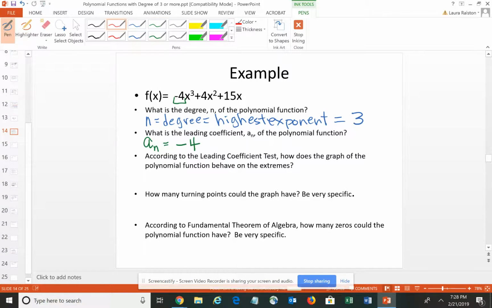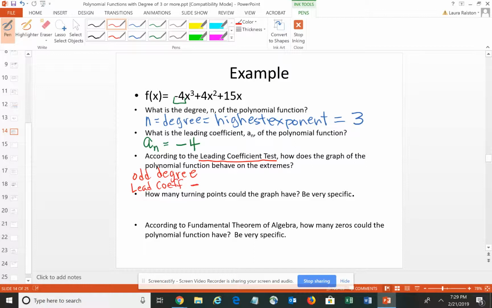Then I want to use the leading coefficient test to determine what the graph looks like on the extremes. What is it going to do on the left side and the right side? And so if I look, I have an odd degree and my leading coefficient is negative.